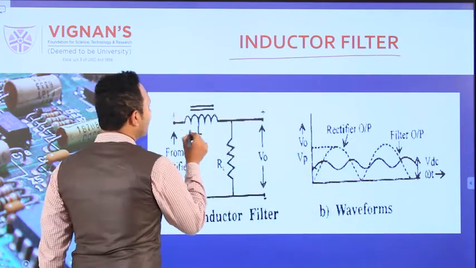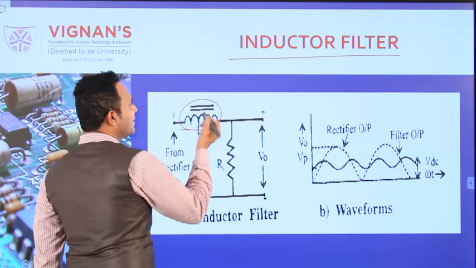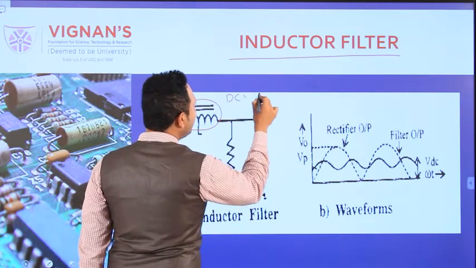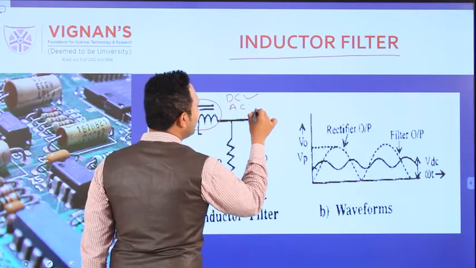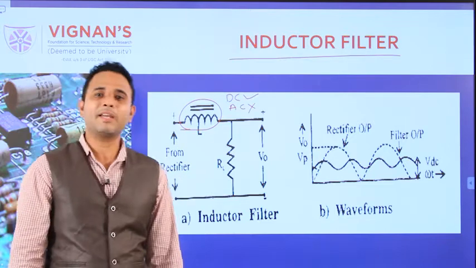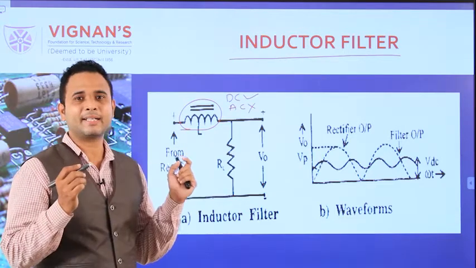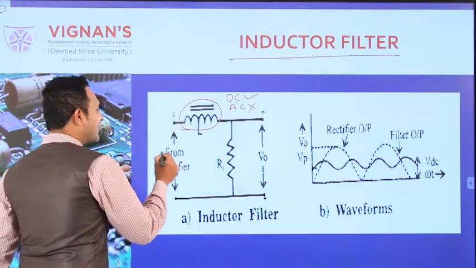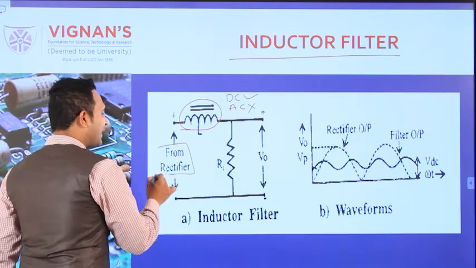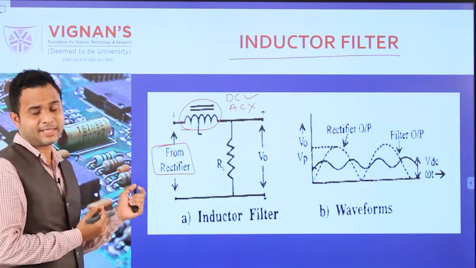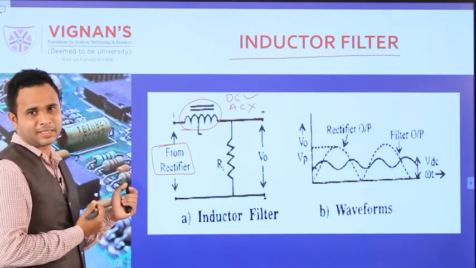This is the symbol of the inductor; it allows the DC and blocks the AC. That's why we are connecting the inductor in series. Before this we can connect any type of rectifier circuit.